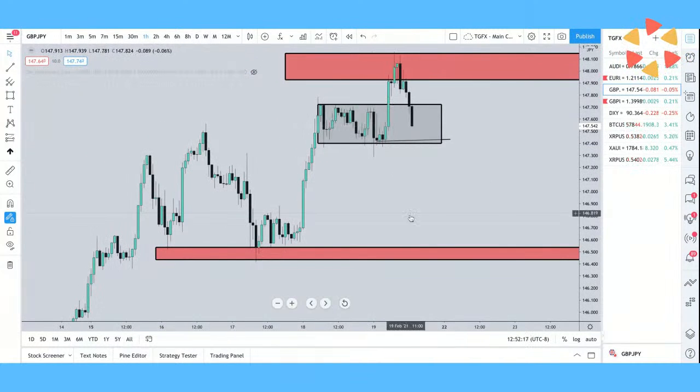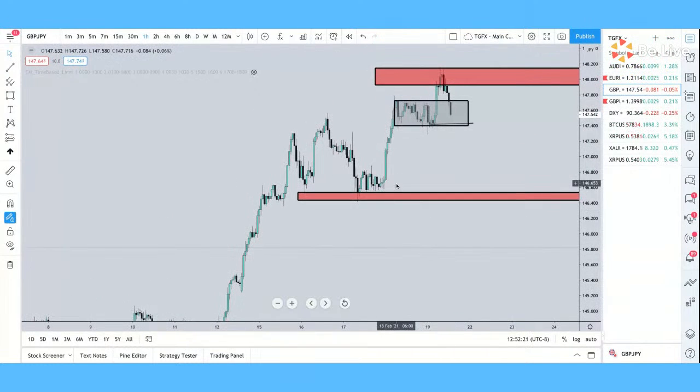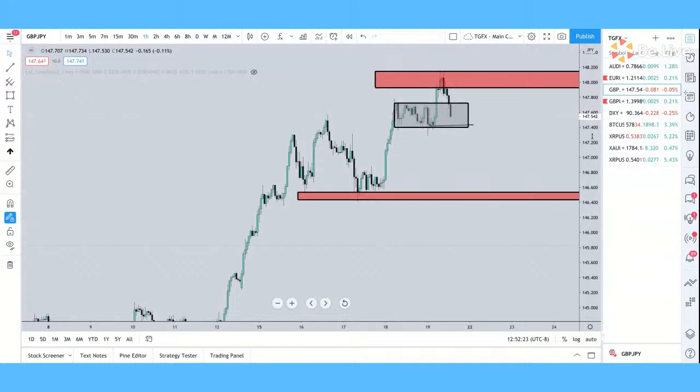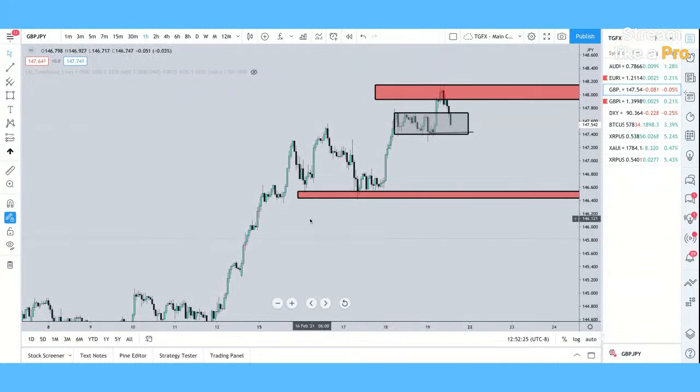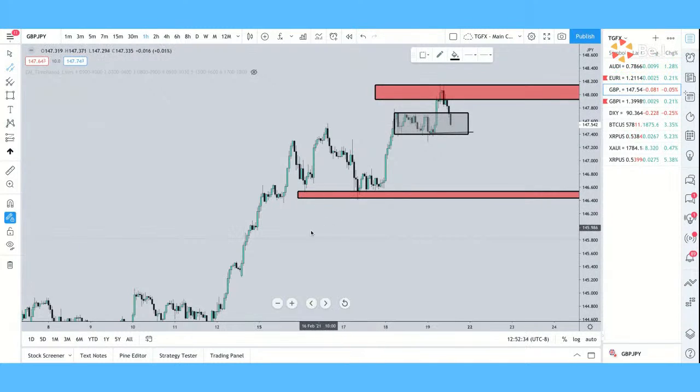Let's see if we can find any trend lines or anything. Honestly, I feel like price was just a little too strong here to actually draw a trend line that price could want to respect. But let's see what we can find. Maybe a channel.